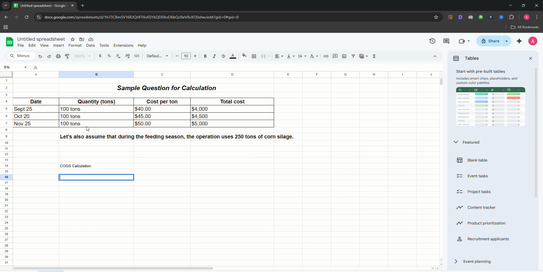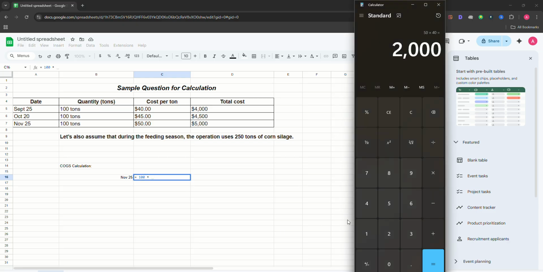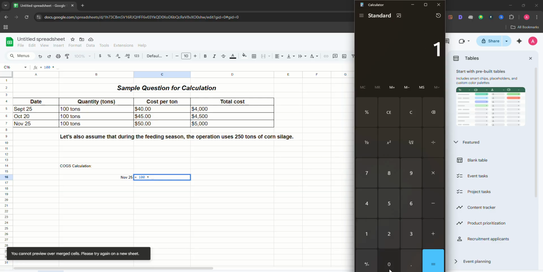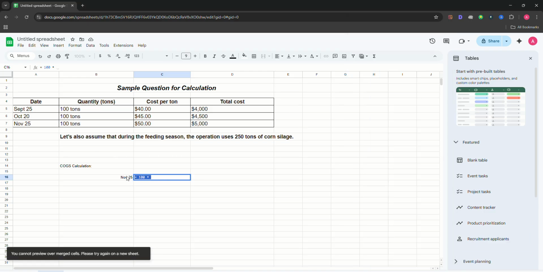So November 25, 1 ton... now 25, 100 tons, 100 into 50, 5000.